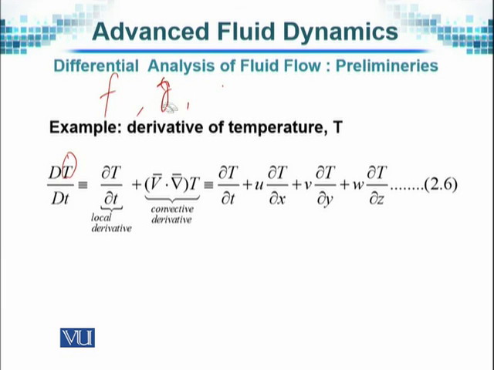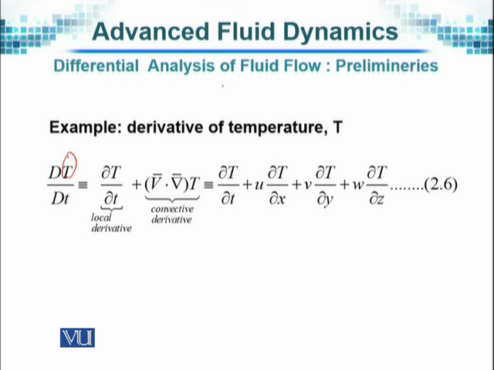But we want to take a physical quantity, and therefore temperature, which plays an important role in fluid flow, because due to friction or other parameters playing a role in the fluid flow, the temperature changes, and therefore it has importance.